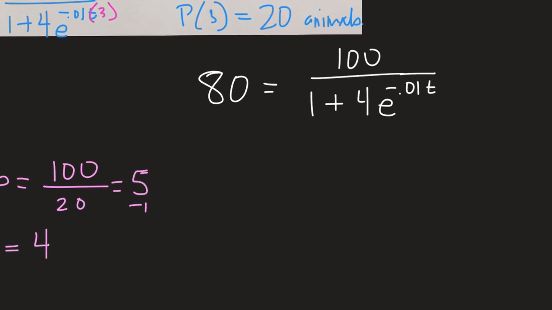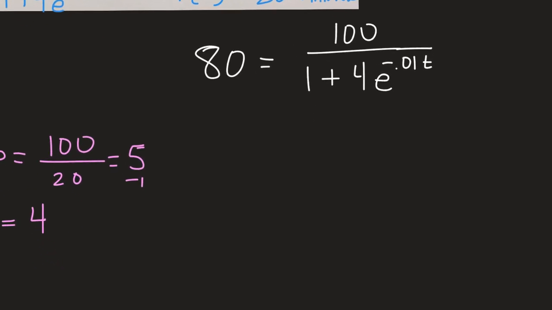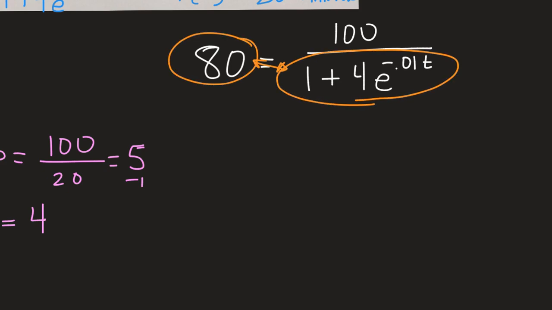So here is our algebra that we're going to do. We take this denominator and we switch it with the 80. We multiply by 1 plus 4e, and then we divide both sides by 80. So in essence, we are just switching our denominators.